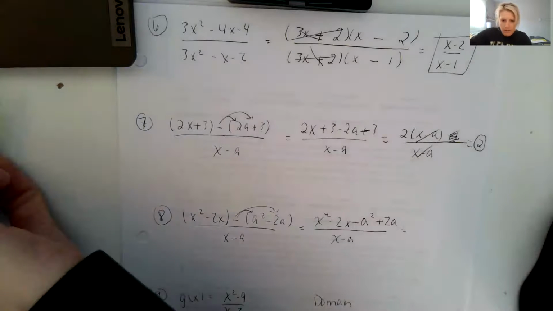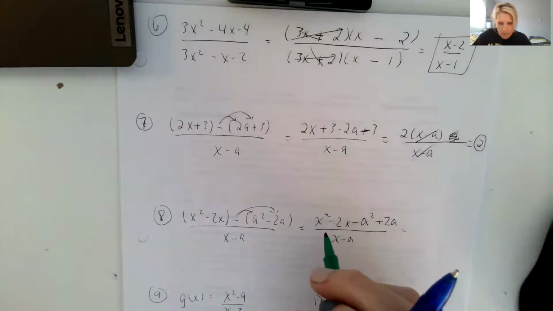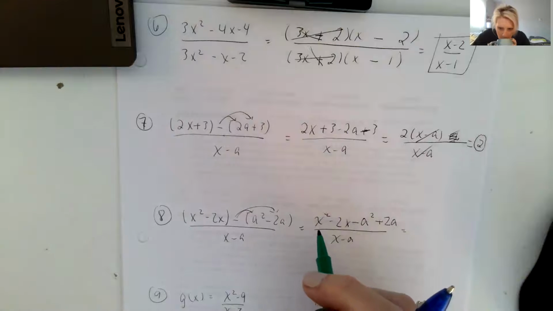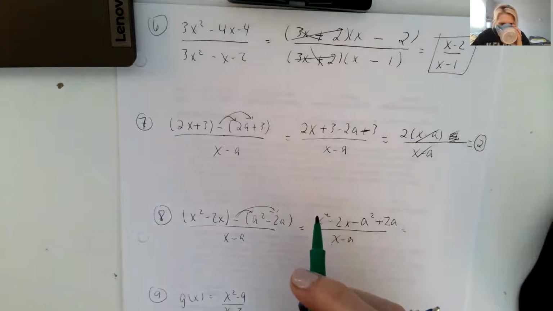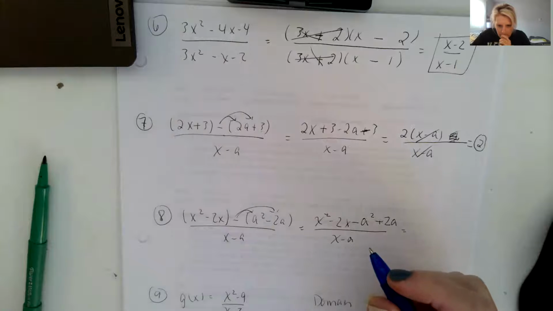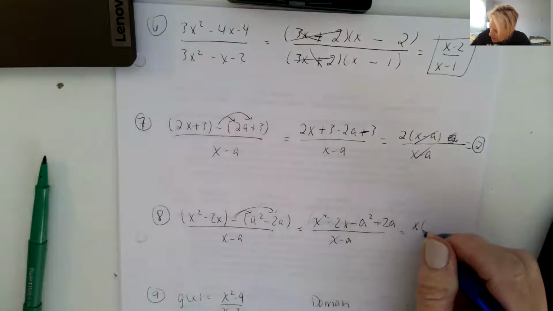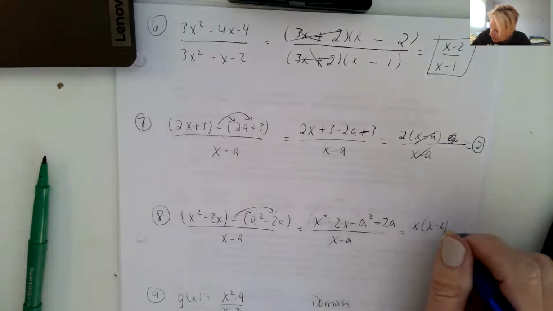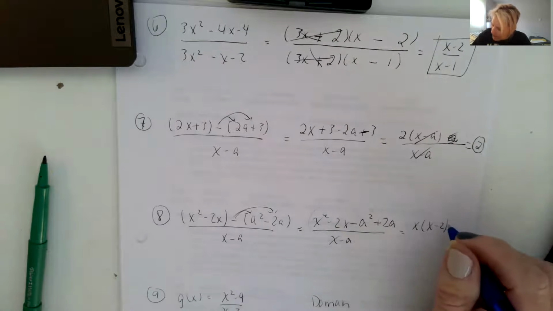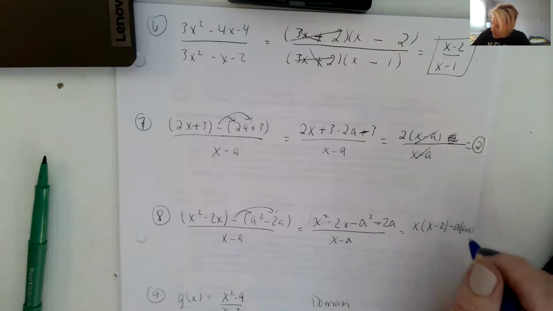So the minus 2, oh, that's x and a, so no. From the first two, we have an x, and then we have an x minus 2 left over. And then the second two, we have a minus a, and we have an a plus 2. Well, that's not going to work.